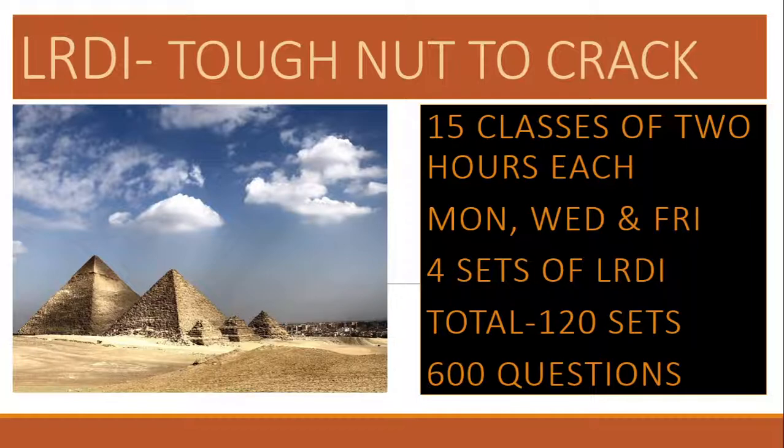After the class is over, a student will get homework of 4 sets from the same topic. That means we will be explaining 8 sets of LRDI in a particular class. So in 15 classes, approximately we will be solving 120 sets of LRDI, which is close to 600 questions. And that is how we will be improving our LRDI percentile by at least 20.